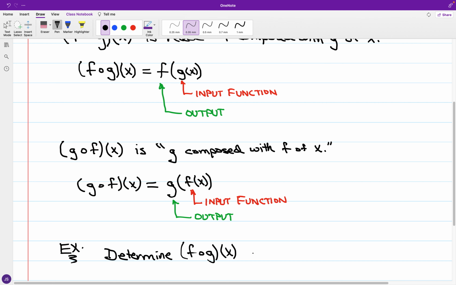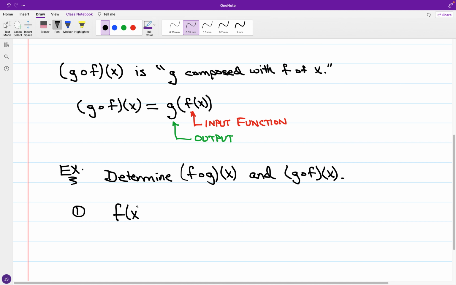If I'm to determine f composed with g of x, as well as g composed with f of x, and just a couple of cases here, we'll say we have f of x equal to x plus 2, and we'll say we have g of x equal to 3x minus 4.